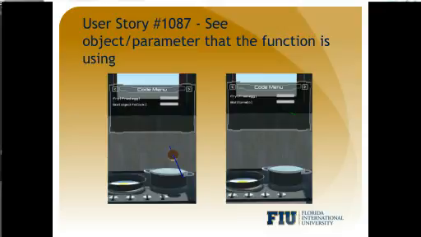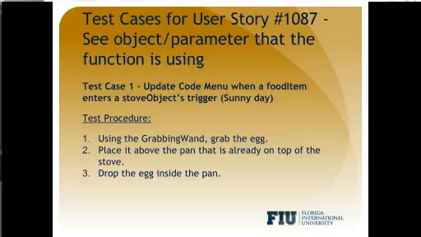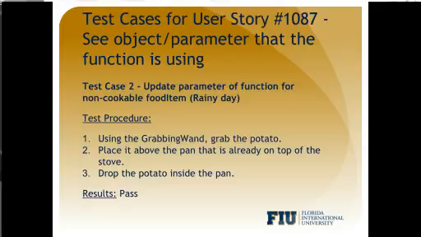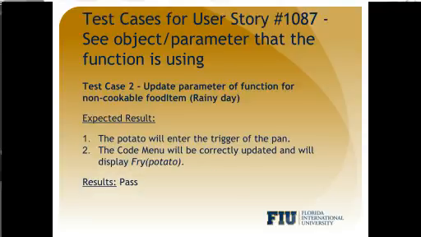This way, the user knew the function that was currently active, the parameter that it was being passed, and could then determine if the function was ready to be executed. We tested this functionality for all food objects, even those that could not be passed as a parameter to a specific function.